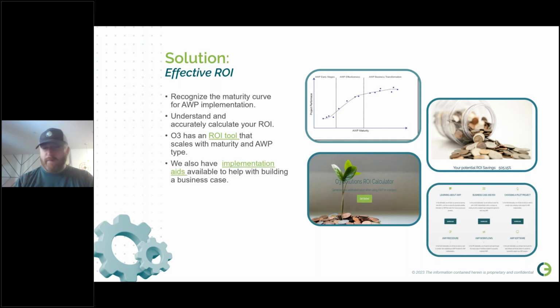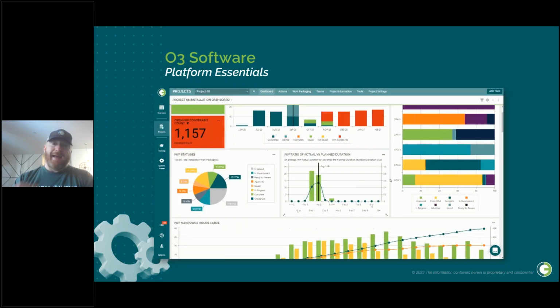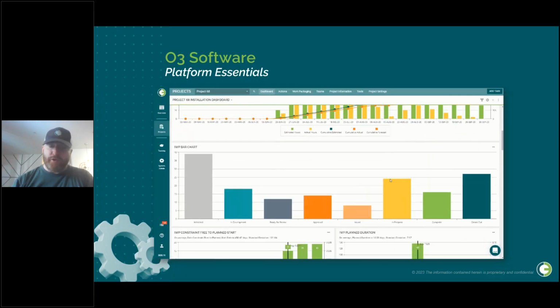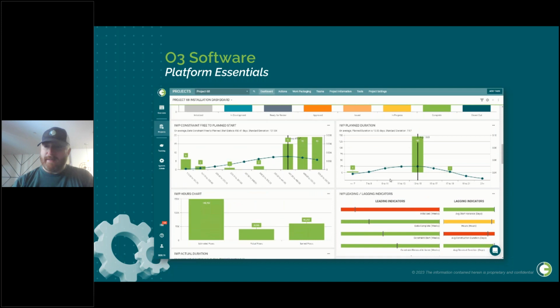And then we also have implementation aids that are available to you to help with things like building a business case. So when you're flagging this up to management and saying we want to be able to do this AWP, you have to be able to explain what the value is to them. And then you need to be able to track its success. And that's going to be a data-driven exercise.